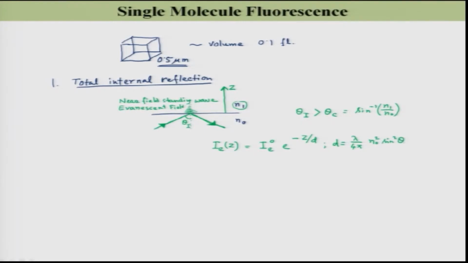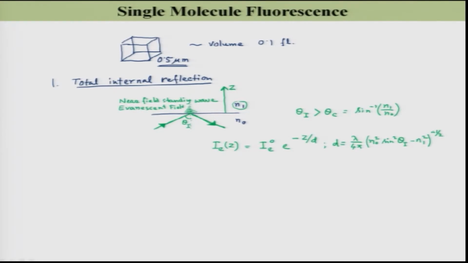So, this is my incident angle, theta I. So, I should write minus n1 square to the power minus half, right.